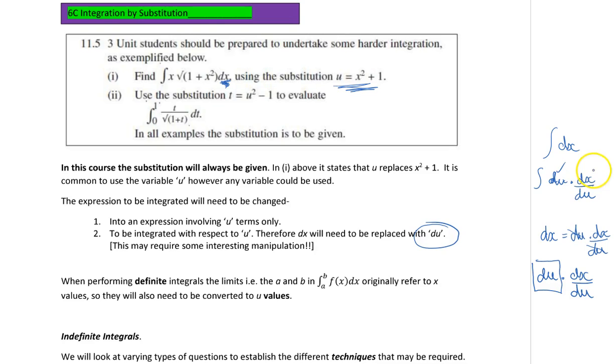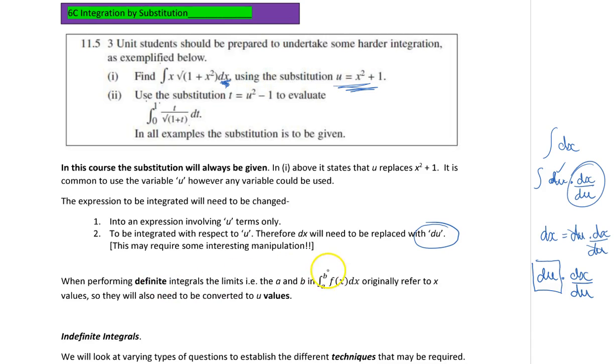So this will be possible, and you'll see how that unfolds. So basically that is it. We will transform our integral into a function in terms of u, and we'll clearly be needing to integrate with respect to u.